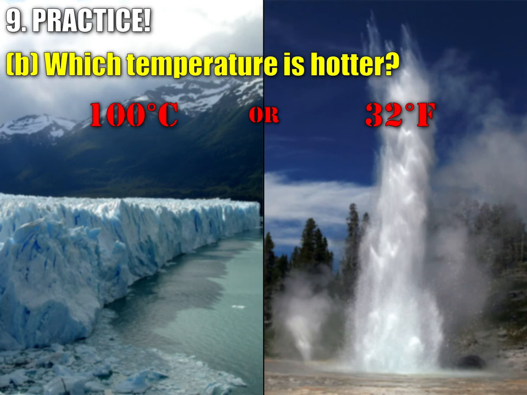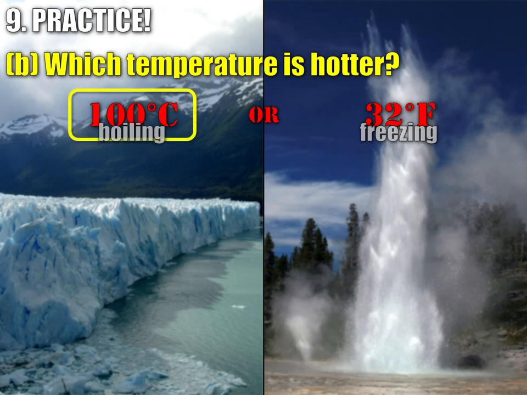That's not always the case. What we should be doing here is thinking to ourselves not which number is larger, but which temperature is hotter. So realize that 100 degrees Celsius is the boiling point of water, and 32 degrees Fahrenheit is the freezing point of water. Clearly, boiling is hotter than freezing.